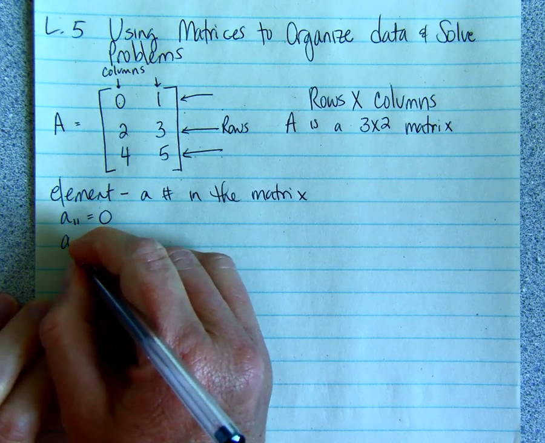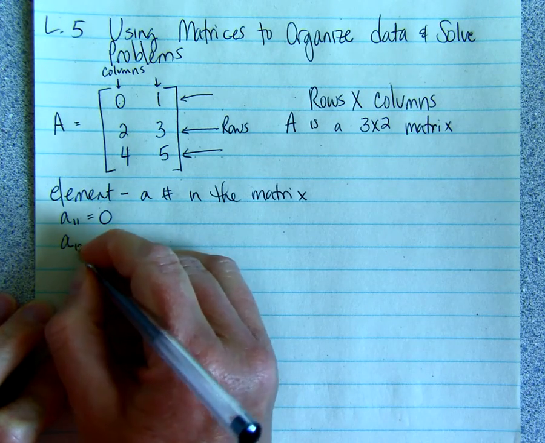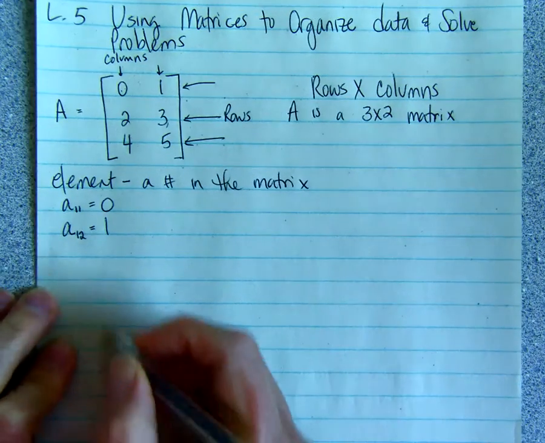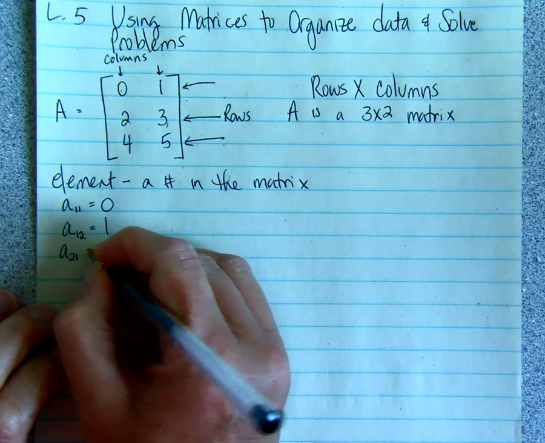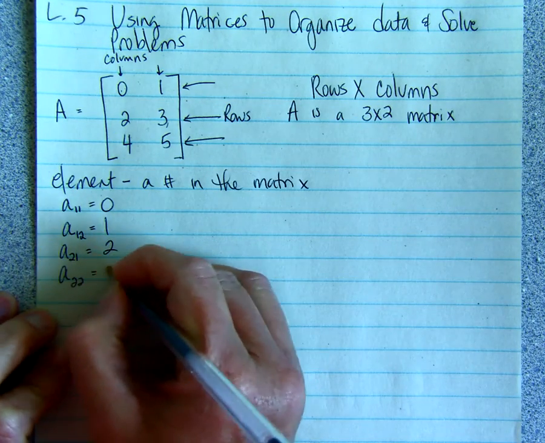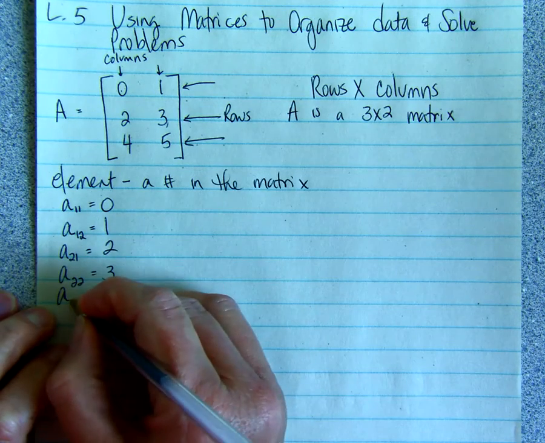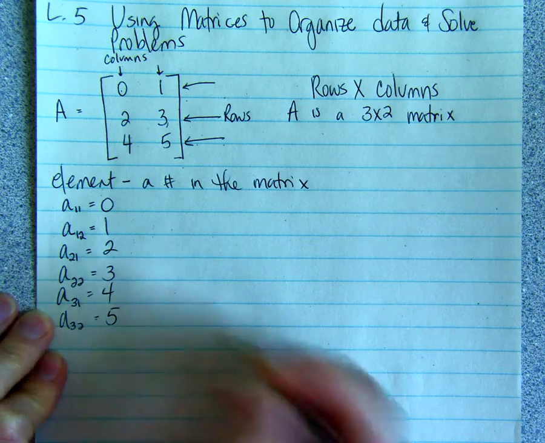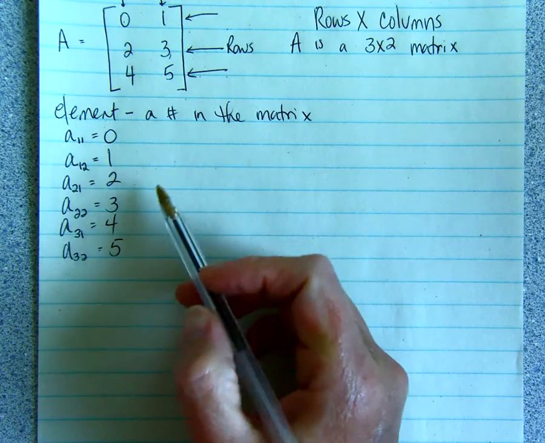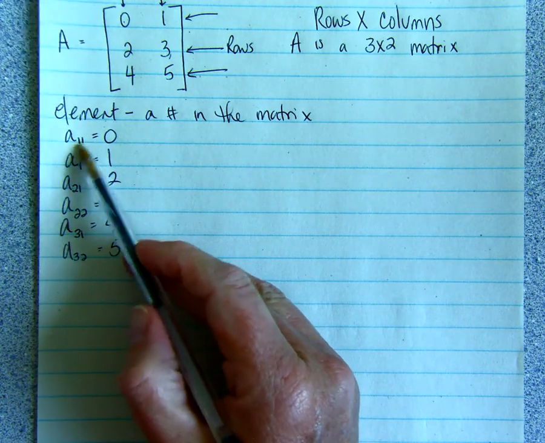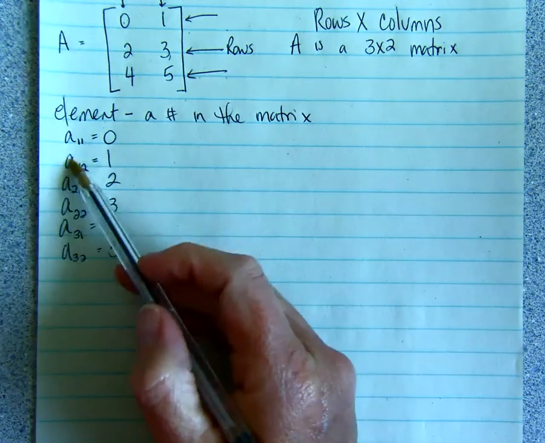A sub 1,2, first row, second column, is a 1. A sub 2,1, that's second row, first column, is a 2. A sub 2,2 is a 3. A sub 3,1 is 4. And A sub 3,2 is 5. So whenever you see an element numbered like this, it tells you what row and what column you want to look at to be able to find that number.